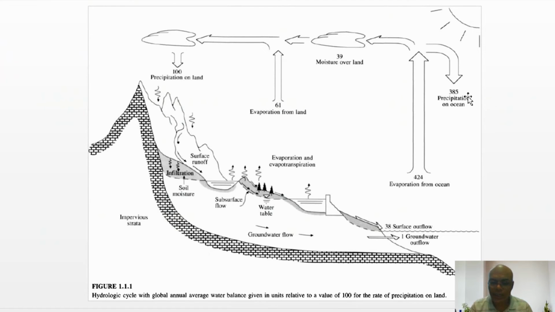So we can see that in the hydrological cycle there is a complete mass balance. Therefore it is called a closed system.